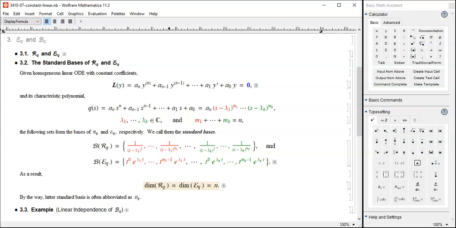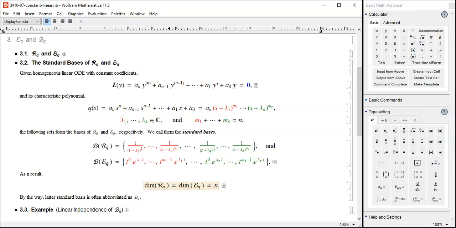Well, any linear space has multiple bases, but each time we have the same number of basis elements from each basis. So that's the dimension. And also, the dimension is the minimum number of generators and also the maximum number of linearly independent elements in a family.